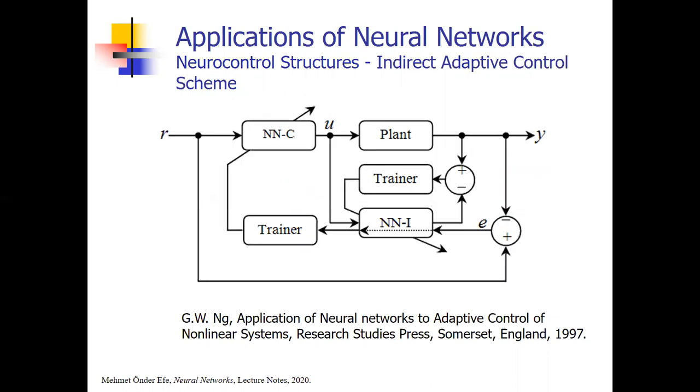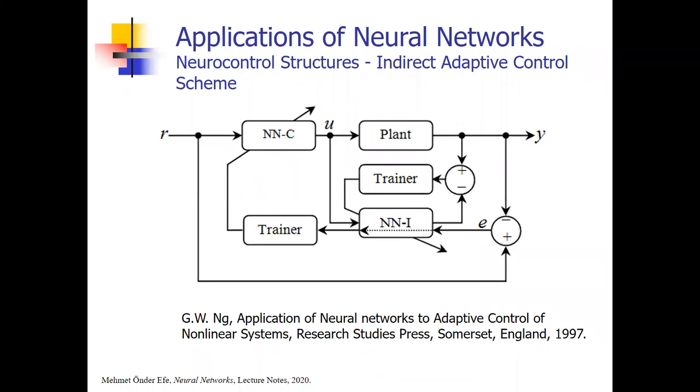And that is the indirect adaptive control. I already showed you in my colorful drawing. You have a neural network identifier and a neural network controller. The identifier tries to identify or emulate the plant dynamics, and the error, that is the difference between the plant output and the identifier output, is here. The error is minimized by this trainer, and the identifier learns plant dynamics.